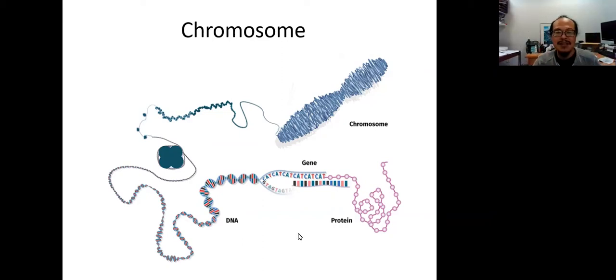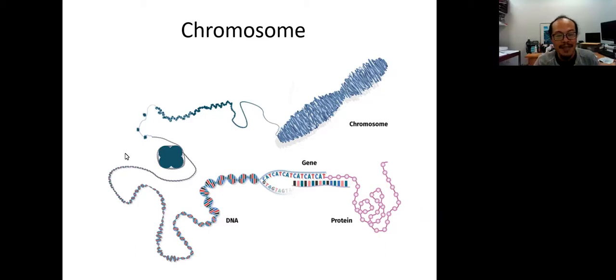So here is a DNA sequence, GCAD, etc. Two strands wind as a helix to form this DNA double strand, and then we pack it using the protein called histone right here. So these are the histones to pack it.